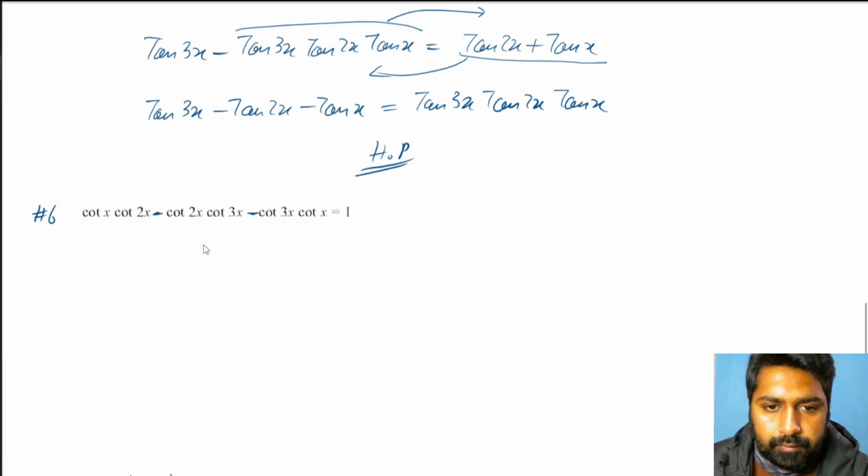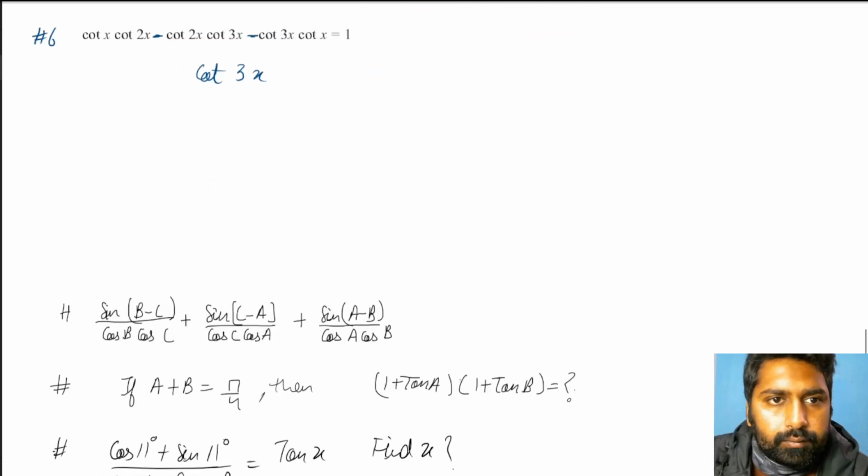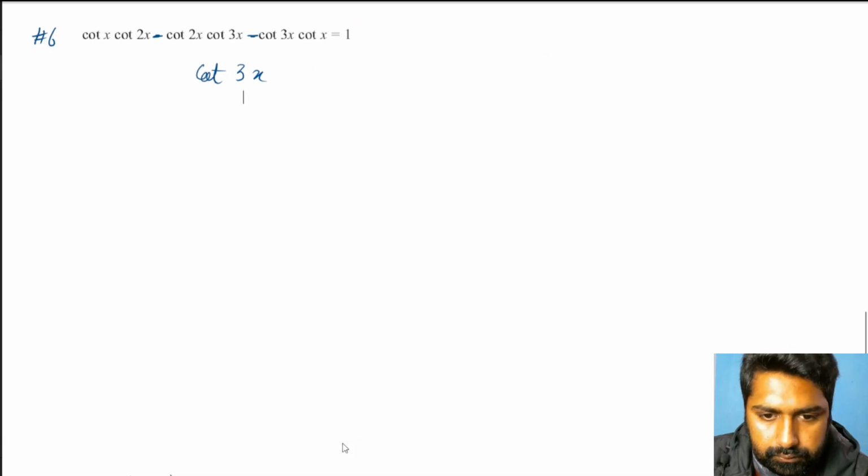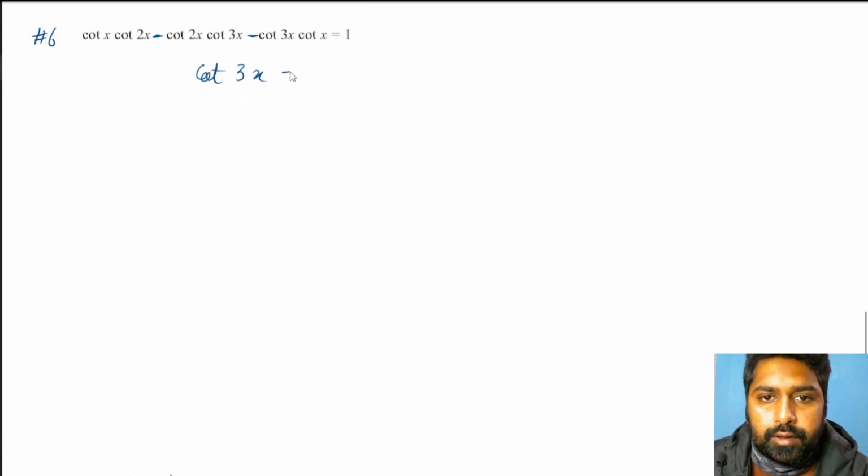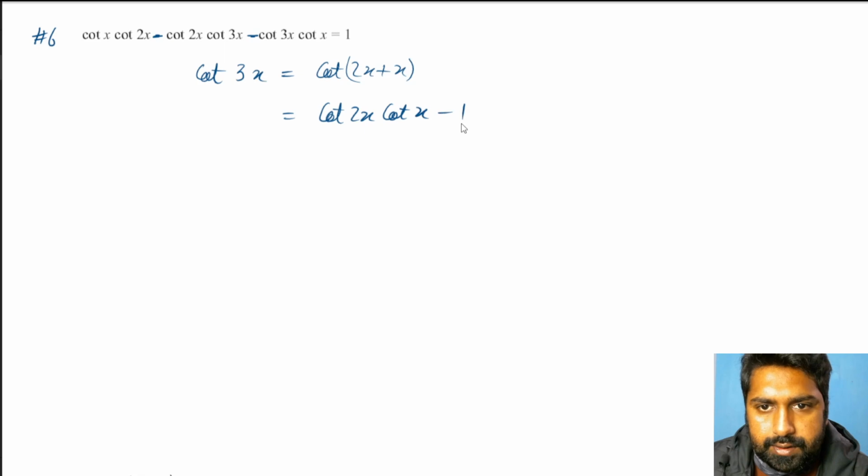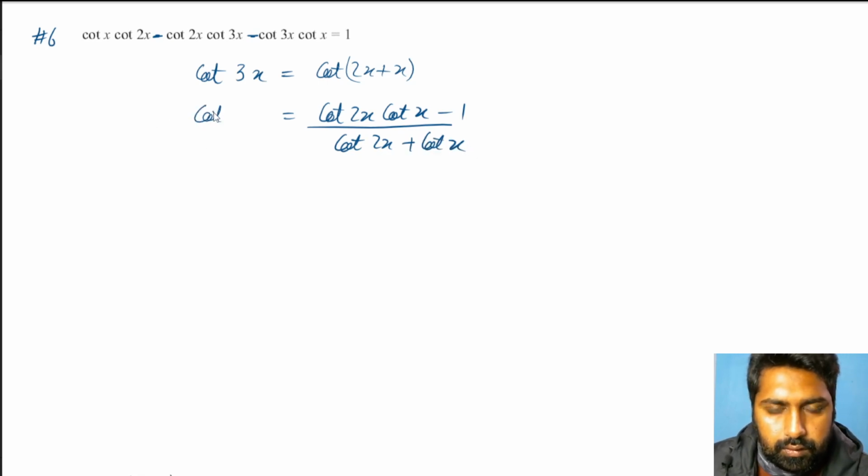Now same idea. I will write cot 3x is equal to cot of 2x plus x, and use the expansion cot(a plus b) is equal to (cot b cot a minus 1) upon (cot b plus cot a), and just cross multiply this.